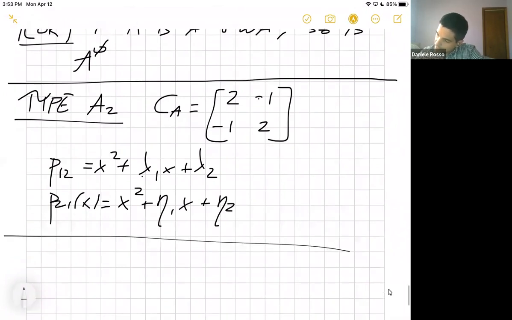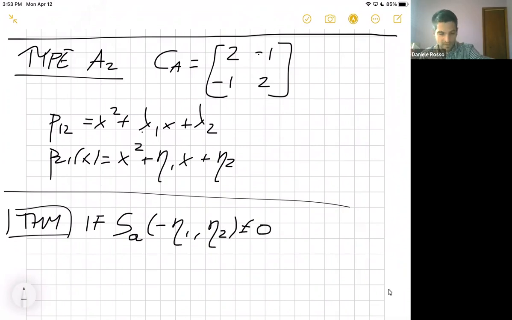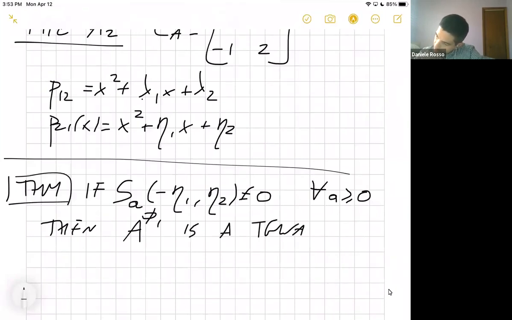So the result is that if certain functions that can be defined recursively, I don't have time to define them right now, are non-zero when applied to these coefficients, so if that's true for P21, then A upper phi 1 is again a TGWA of rank 2.